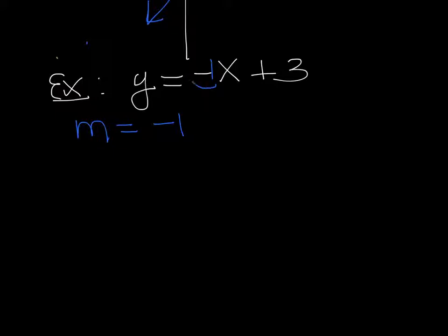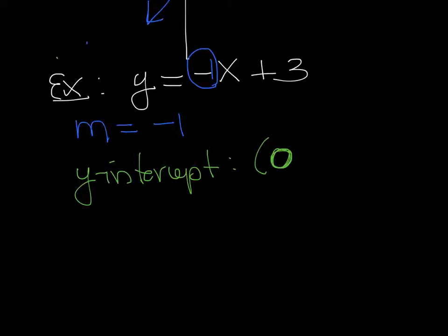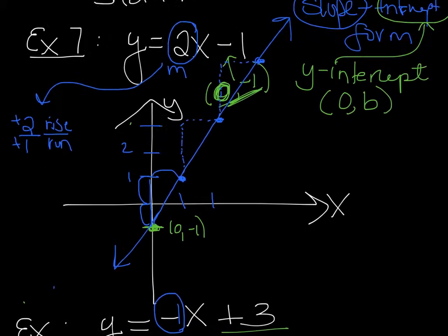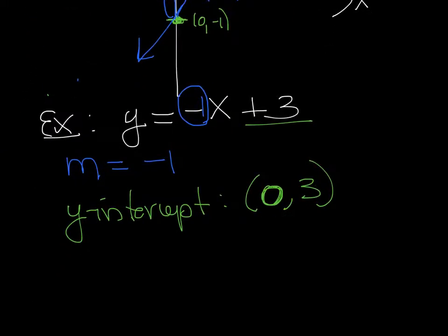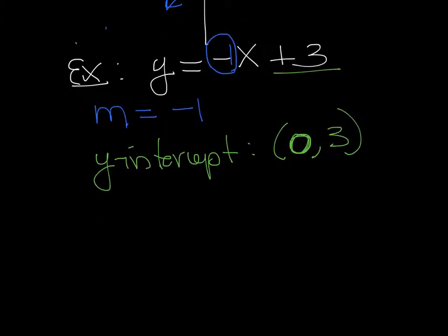It's the coefficient in front of x. What's my y-intercept? It's always (0, whatever this number is). So that's 3. I just like the way I wrote the slope first and the y-intercept.